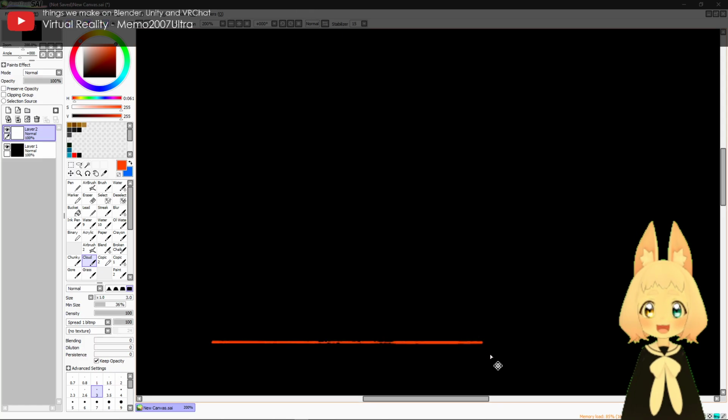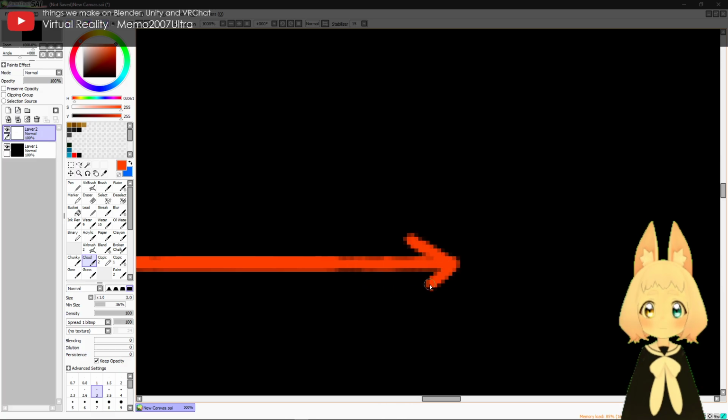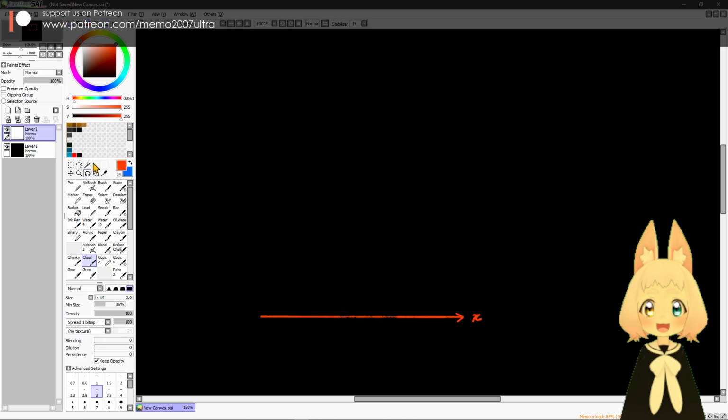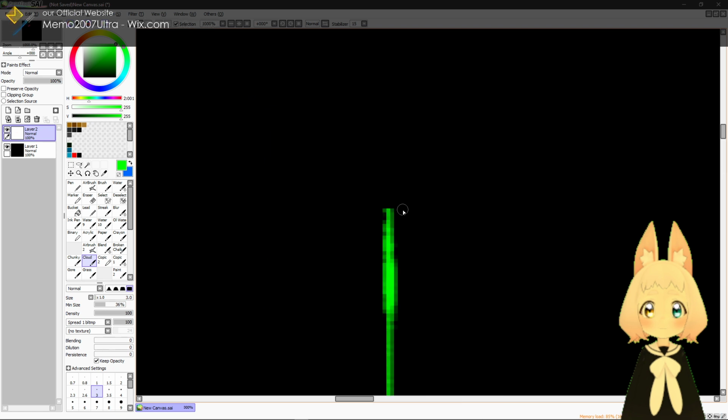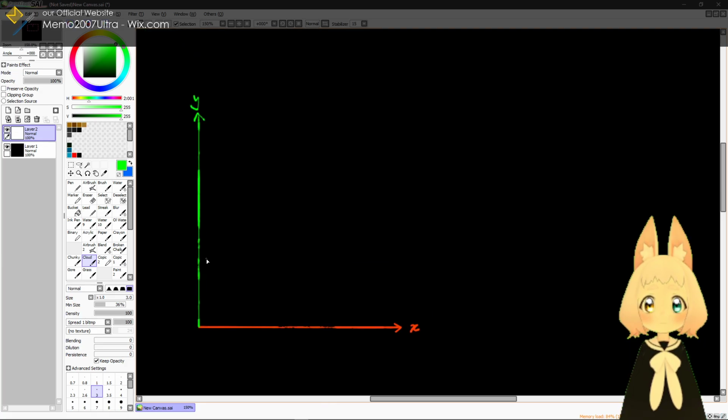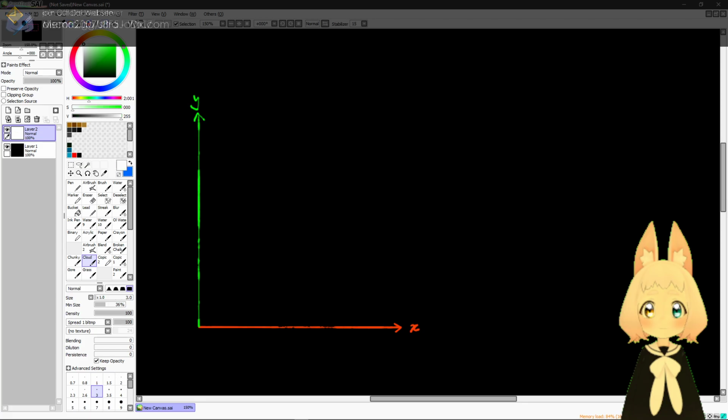So we have X over here, and then we need our Y. There we go. Now let's go with this color.